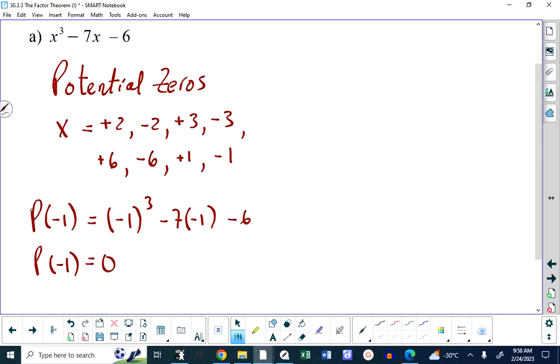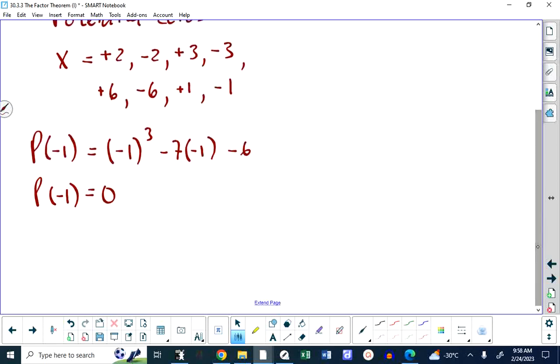You're not going to explain, I mean, you could say I tried different numbers on my calculator, but I wouldn't go down that road. I would just say, look, I know, and I'm showing you that p of negative 1 is 0, therefore, x minus negative 1, which is x plus 1, is a factor.